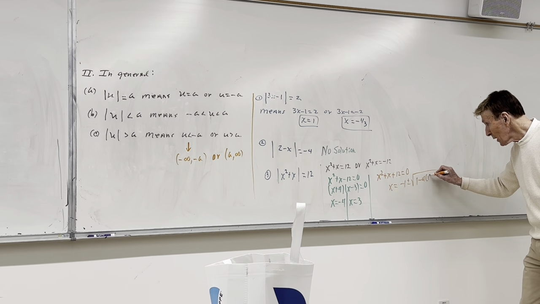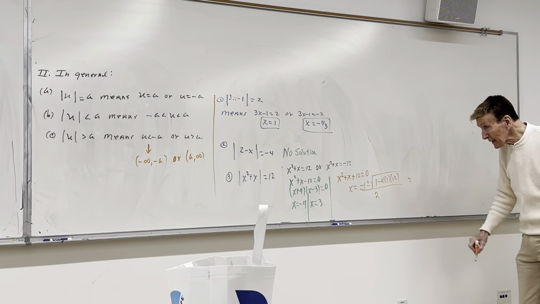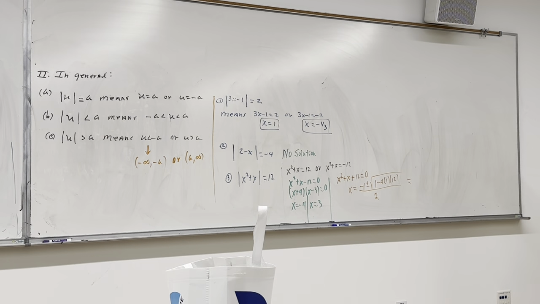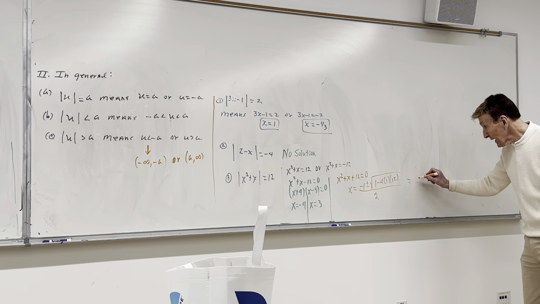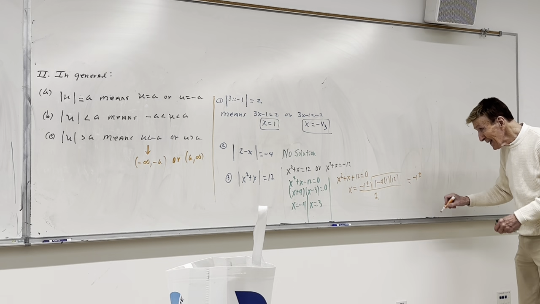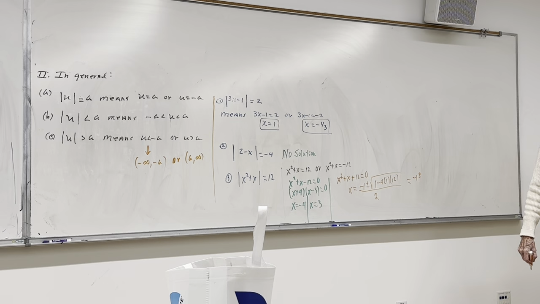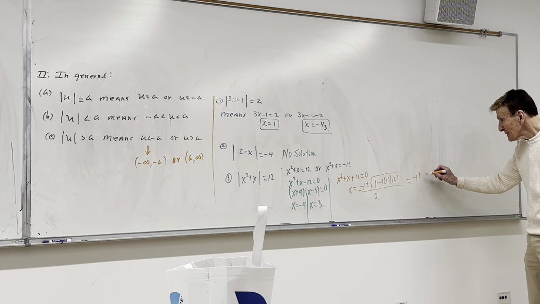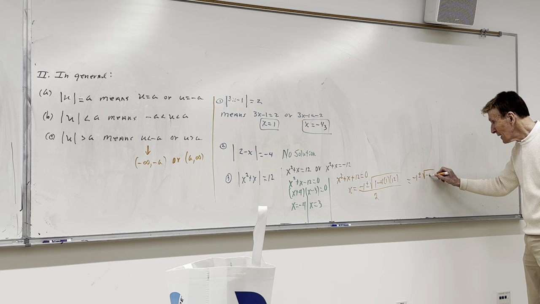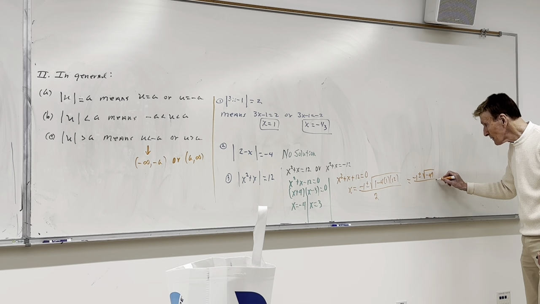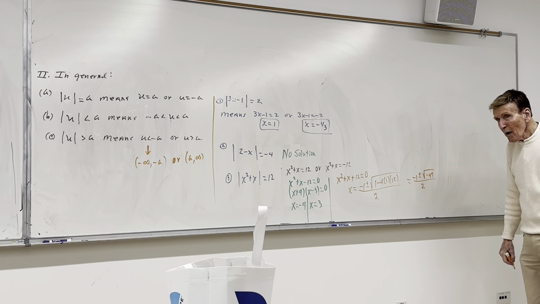Subtract 4 times 1 times 12. Look at this mess. All over 2 if I use the quadratic formula correctly, which I think I did. All together, you got -1 plus minus the square root of 1 subtract 48, which is -47, all over 2. Whew.